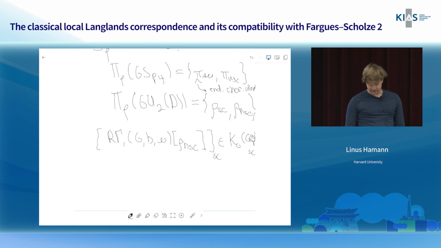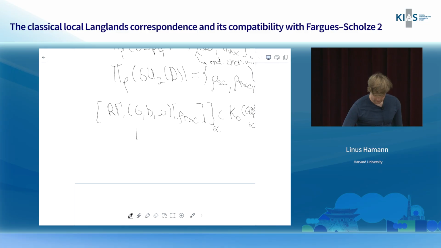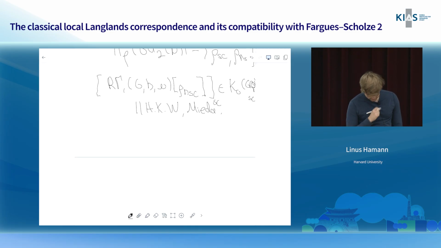And those endoscopic character identities can be seen in the cohomology of these spaces via some kind of Lefschetz fixed point argument. This was carried out by Hansen, Kaletha, and Weinstein, building on some work of Mieda, who I think also did this GSp4 case, and that in turn came from Faltings.